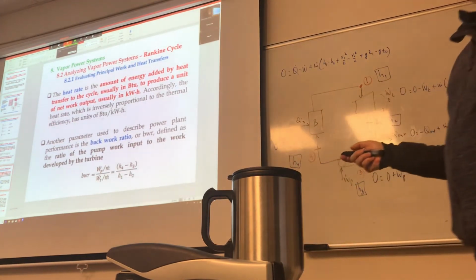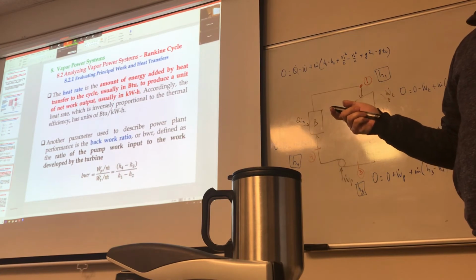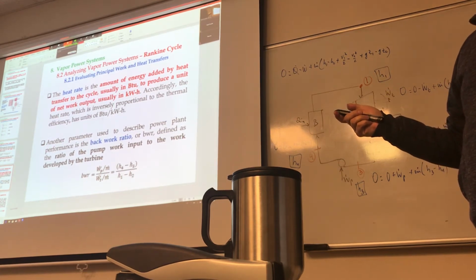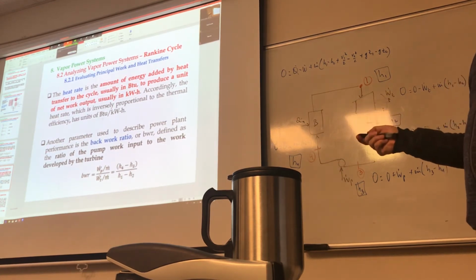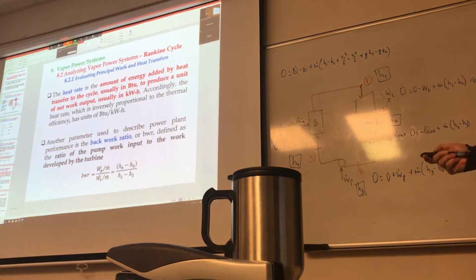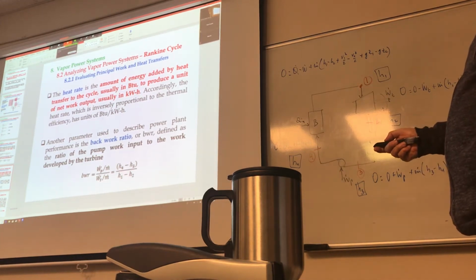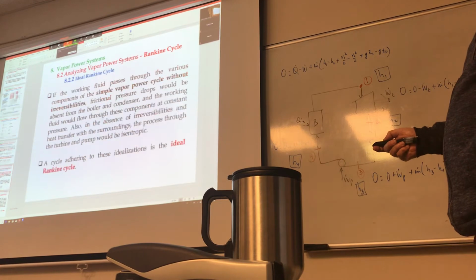So how about the ratio then? You want the ratio to be as low as possible. That's what we call the back work ratio. It's defined as the ratio of the pump work to the work produced by the turbine, WP over WT, and because the same mass flow rate goes through them, this simplifies, and you get H4 minus H3 over H1 minus H2.